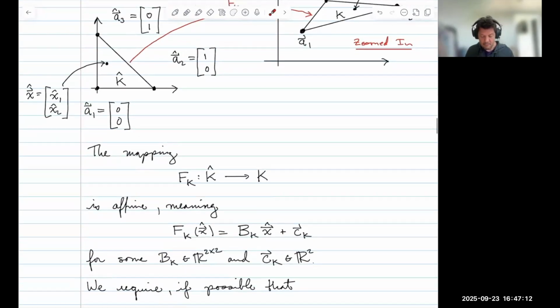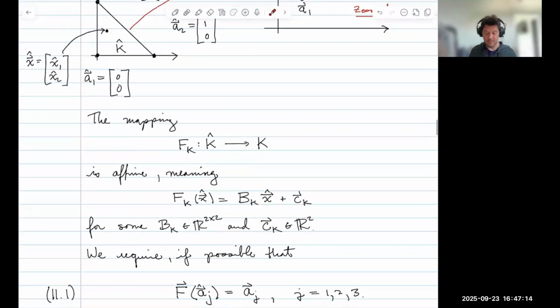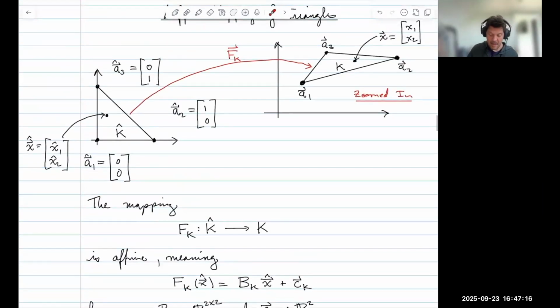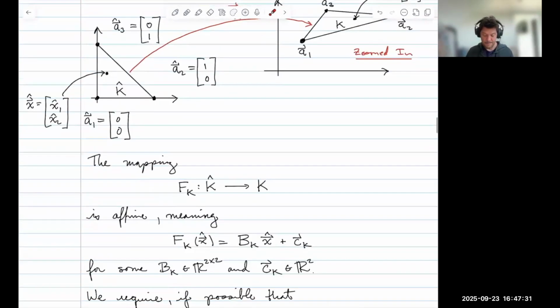Now I want to consider very specific mappings which map all the points from K hat into K and preserve the things that I said already. In fact, this mapping is one-to-one and onto, and also affine.